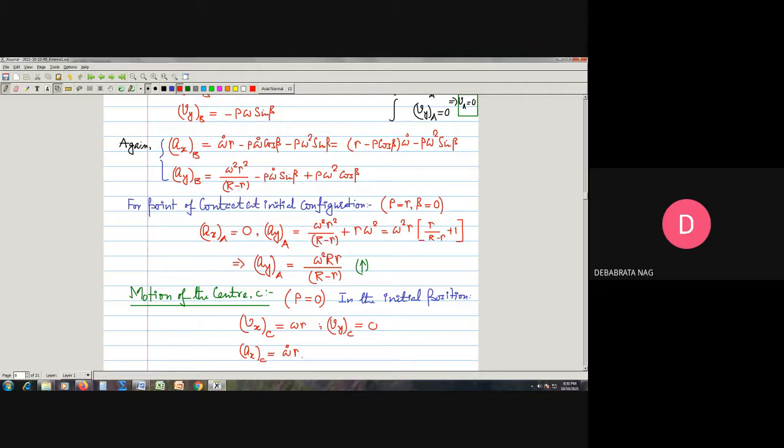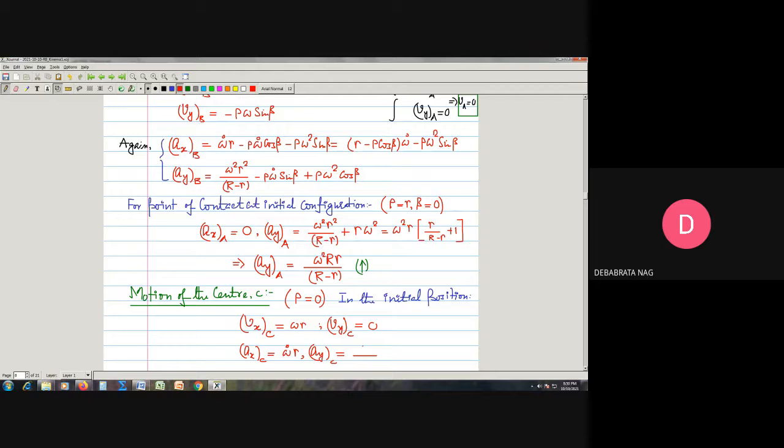So that is axc equal to omega dot r, and your ayc, that means the acceleration of the center in the y direction, will be here in this expression. If you substitute everything, that means you put rho equal to 0, these two expressions will not be there, so ayc will be equal to how much?